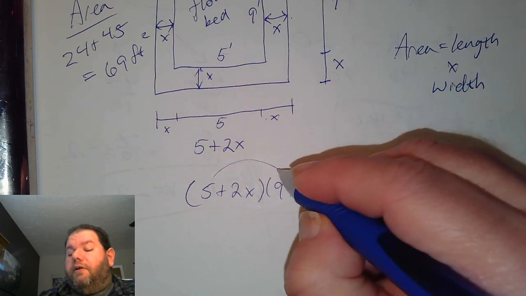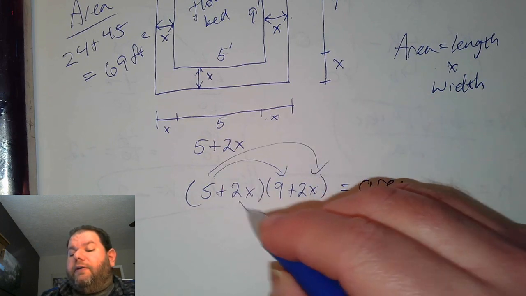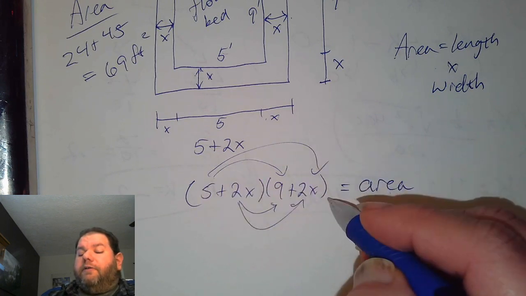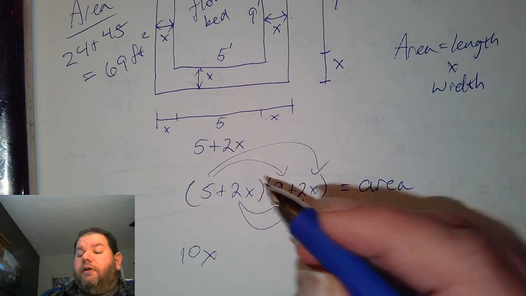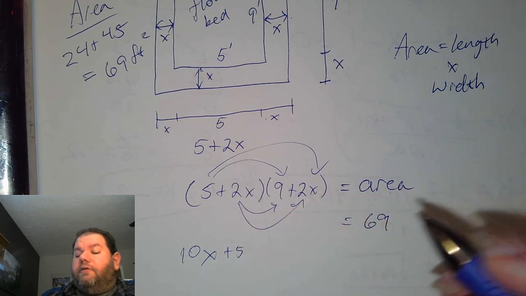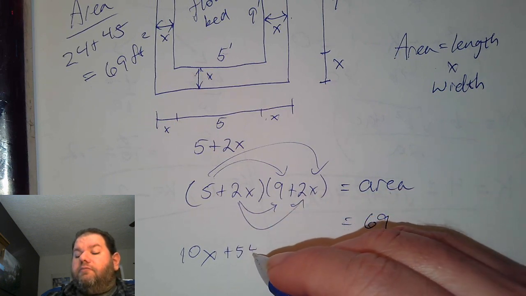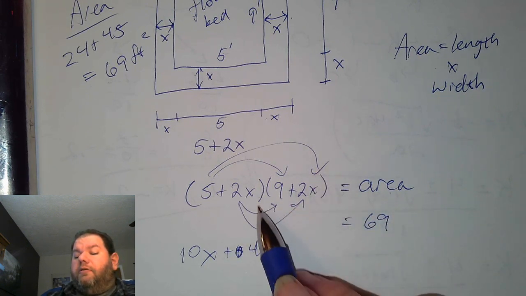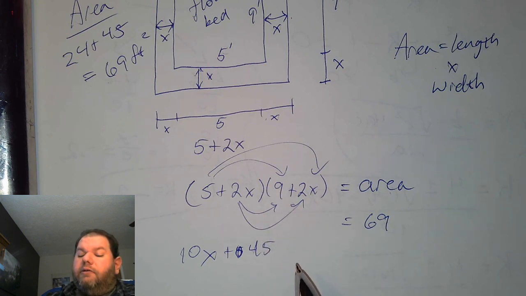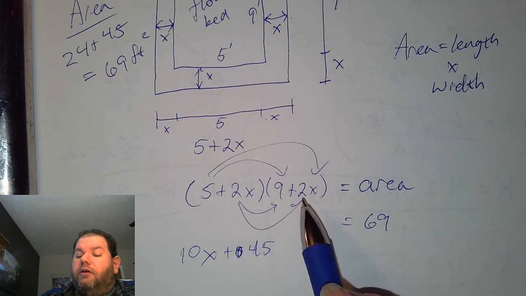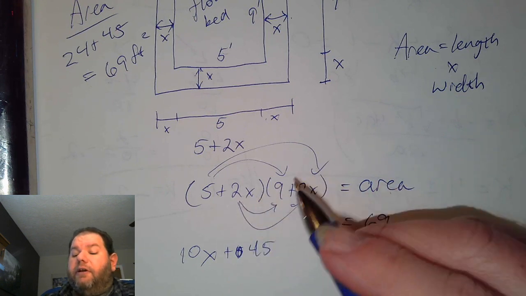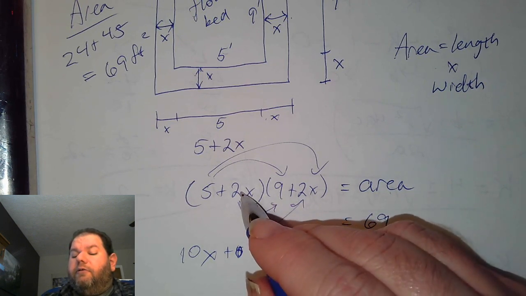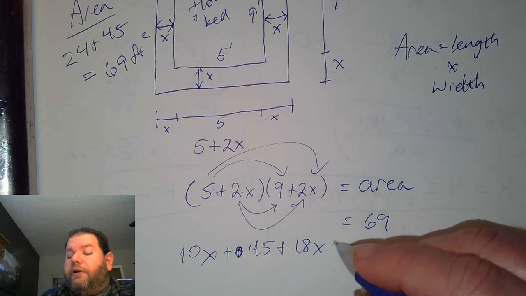So we'll take 5 times 9, 5 times 2x, 2x times 9, and 2x times 2x. 5 times 2x is 10x, 5 times 9 is 45, 9 times 2x is 18x, and 2x times 2x is 4x squared.